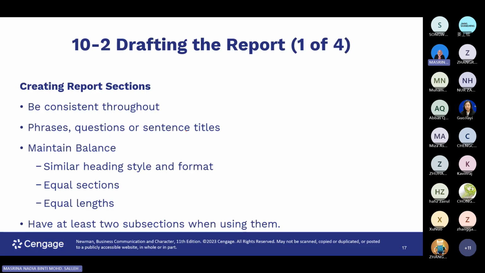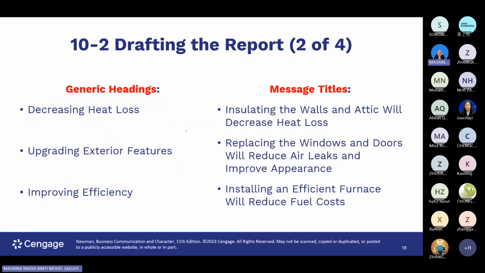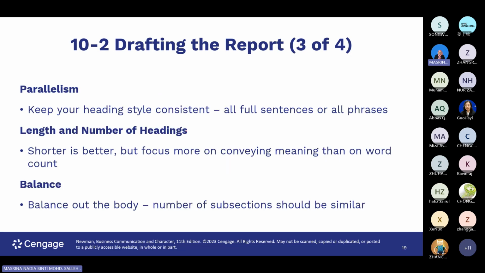For drafting, basically be consistent. These are things that you already know. Headings: be careful in the use of numbering 1.0, 2.0, 3.0. Use bullets and titles. Make sure you use very appropriate titles. Keep your heading style consistent.